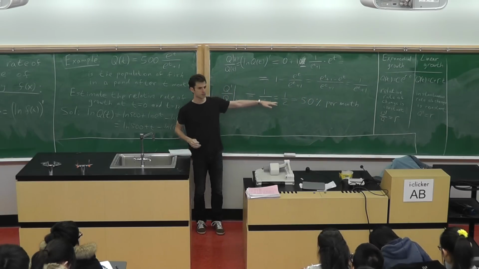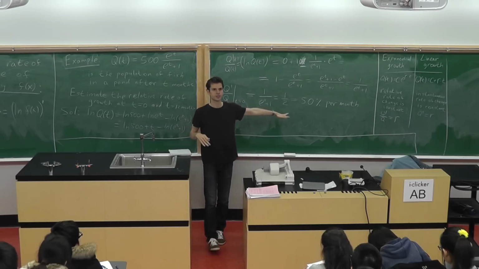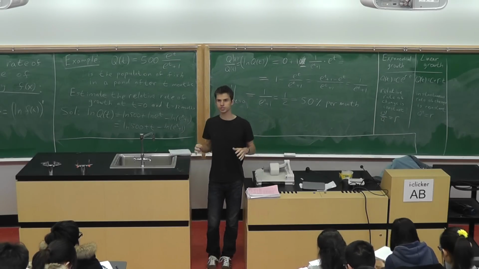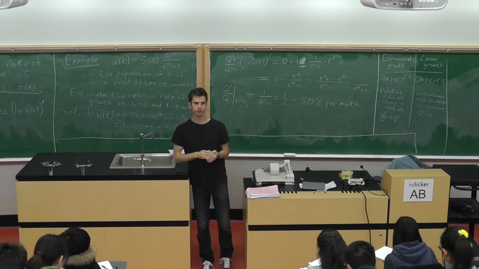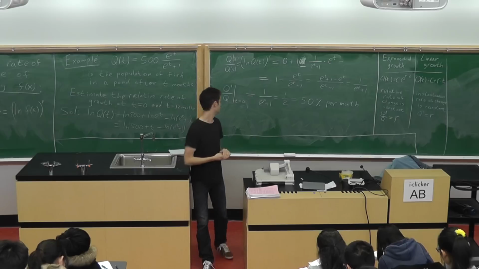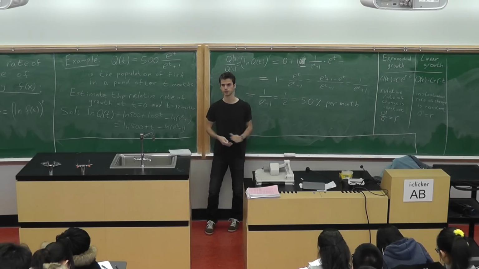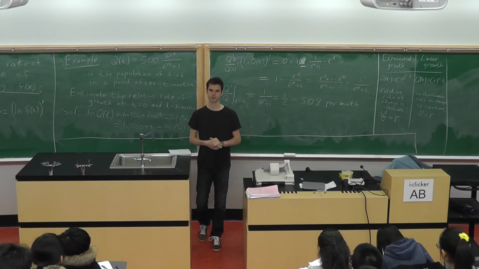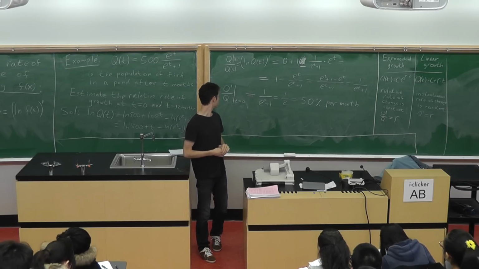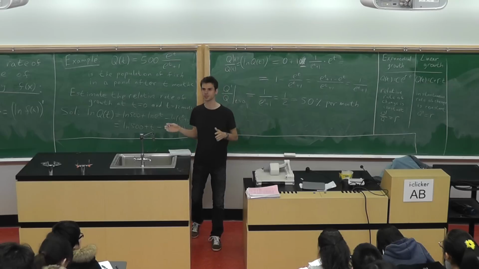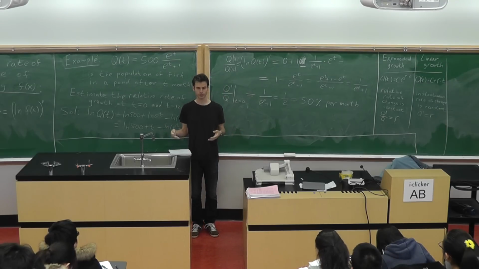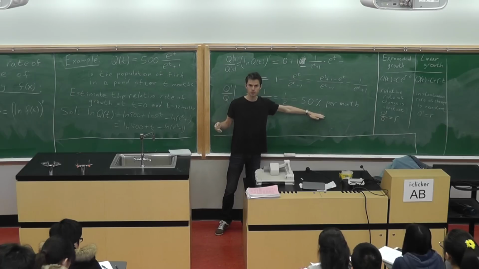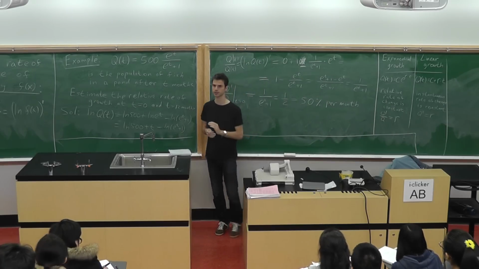So we see that in the beginning of the experiment, our population is growing rather fast. Every month it grows by about 50%. At least if during this month the rate of growth is the same as in the beginning of the month, then it's 50%. That's it.